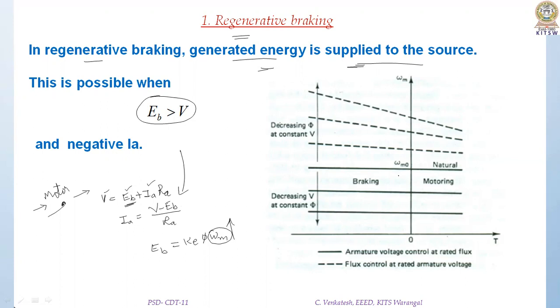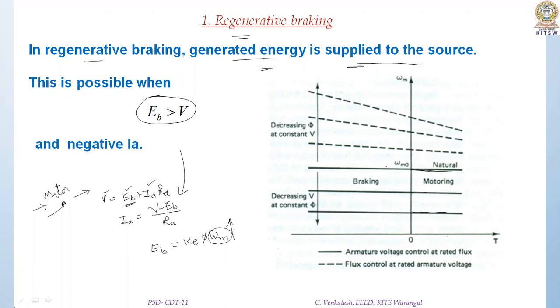So let us analyze what happens in terms of the characteristics. Under normal operating condition, the torque speed characteristics of the motor for the separately excited or shunt motors will be in the first quadrant. If I decrease the voltage, then the motor characteristics comes down.